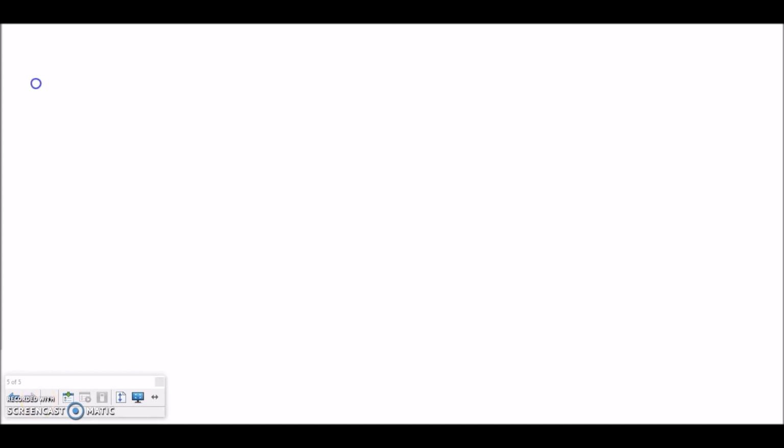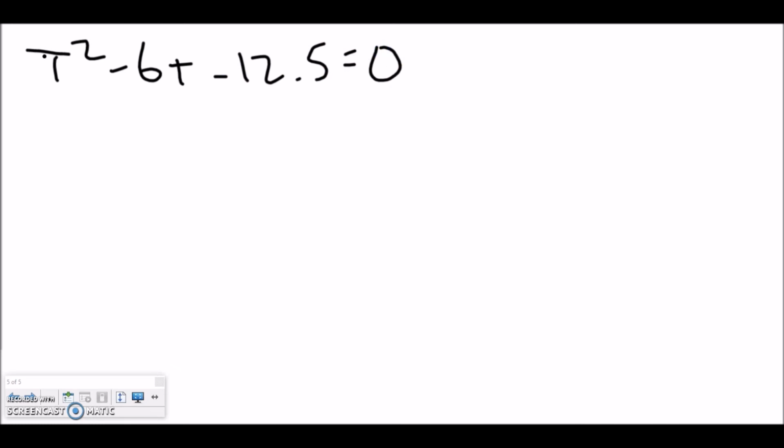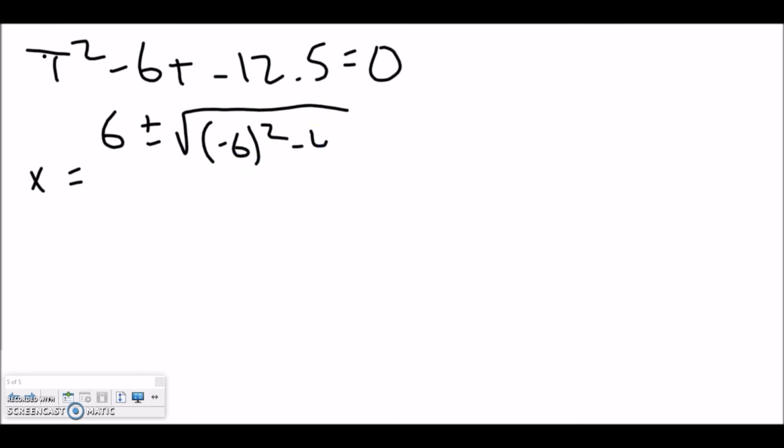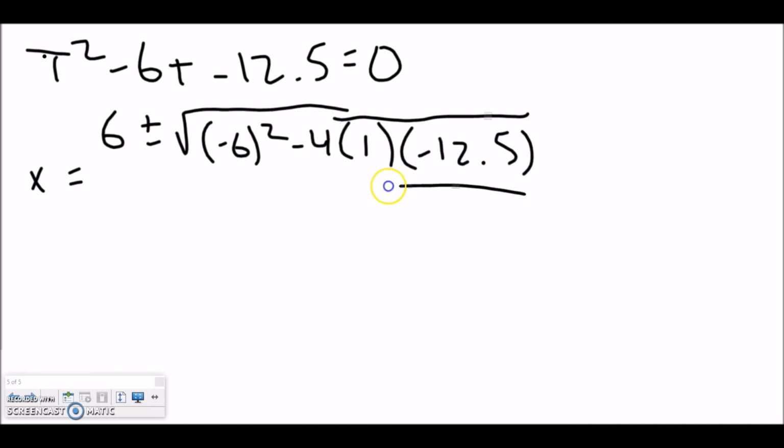If you did the quadratic equation, we had t squared minus 6t minus 12.5 equals 0. Quadratic equation, t equals negative b, which turns into a positive 6, plus or minus the square root of negative 6 squared minus 4 times a, which is 1, times c, which is negative 12.5, over 2 times a, which is 2.